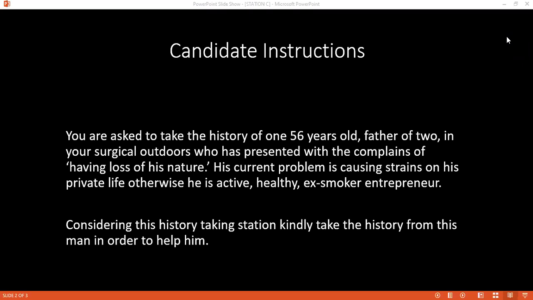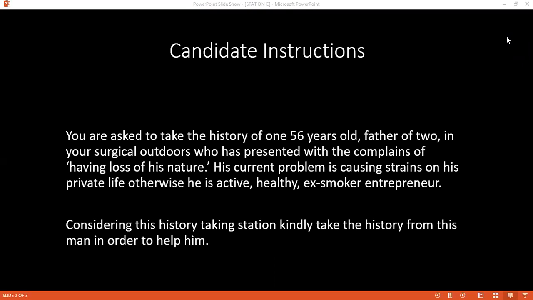Thank you. So if time would have permitted, I would like to complete the examination and the systemic review. I've taken history from a 56-year-old male, who is the father of two, who has a history of difficulty with erections, and he also has a history of stress related to his work, and he has been having that since 1 month, and it has been progressive and getting worse over the days.